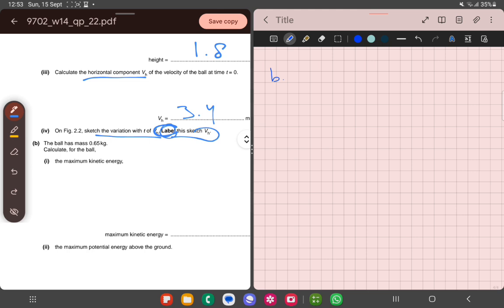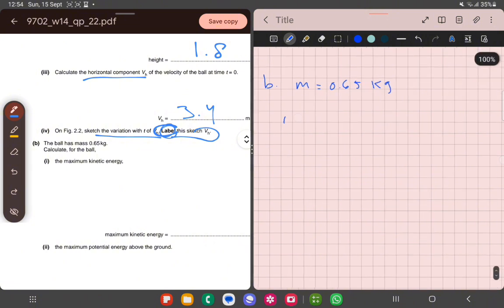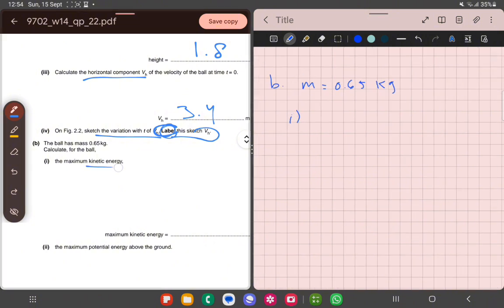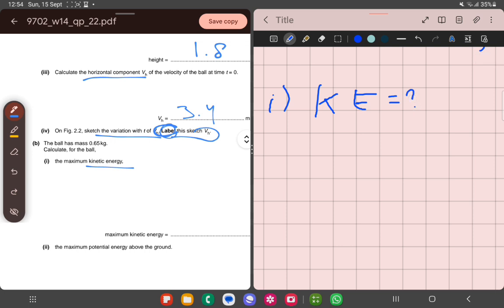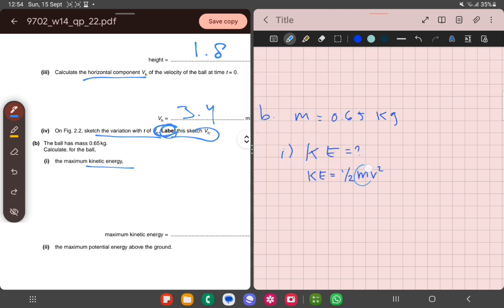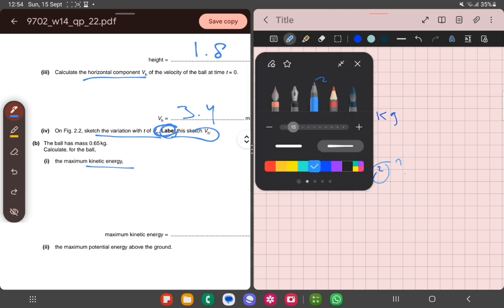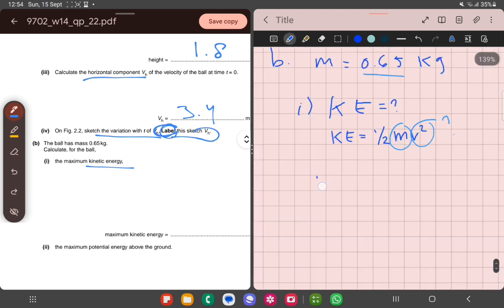Next, here comes the kinetic energy and potential energy questions. It is stated that the mass of the ball is 0.65, and the question is asking about the kinetic energy. As you know, the kinetic energy formula is half of the product of mass and the square of velocity. Now we have the mass, but how about the velocity?